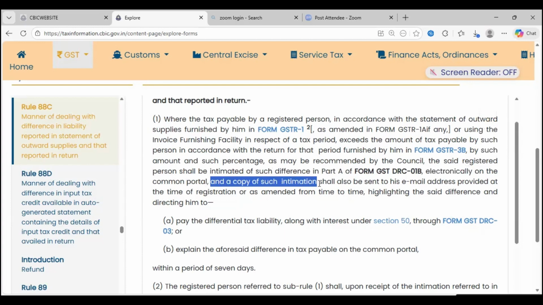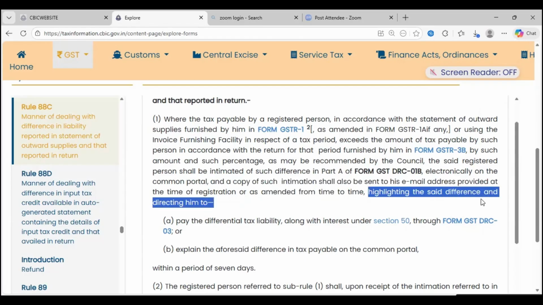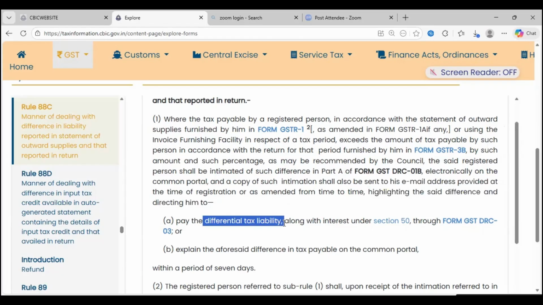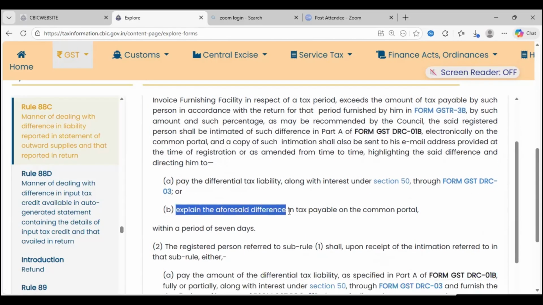And a copy of such intimation shall also be sent to his email address provided at the time of registration or as amended from time to time, highlighting the said difference and directing him to pay the difference in tax liability along with interest under section 50 through DRC-03 or explain the aforesaid difference in tax payable on the common portal within a period of 7 days.